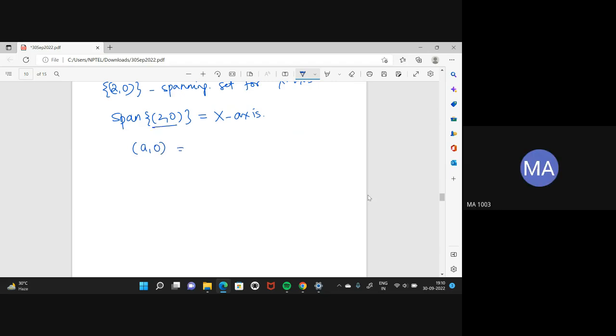Can you get (a, 0) just by using (2, 0) as a linear combination? How does a linear combination of (2, 0) look like? Alpha times (2, 0). What should this alpha be? A by 2. Can you generate any (a, 0) using (2, 0)? Yes, by putting the coefficient as a by 2.